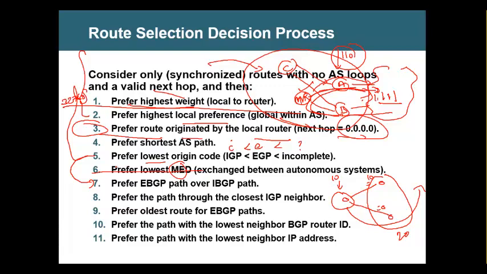So 2 things. One, there should be a tie in the first 5 attributes. Secondly, it needs to be dual homed, not multi-homed. Dual homed means what? Connecting to the same ISP with more than one connection, and learning the same routes from both the links.